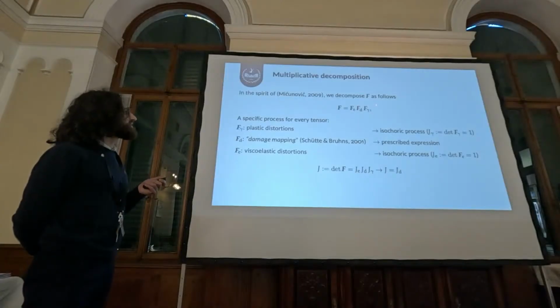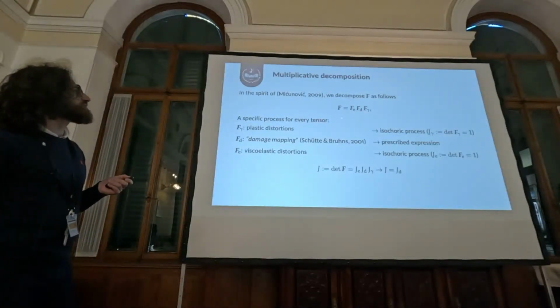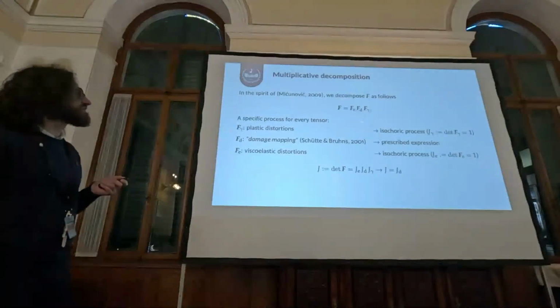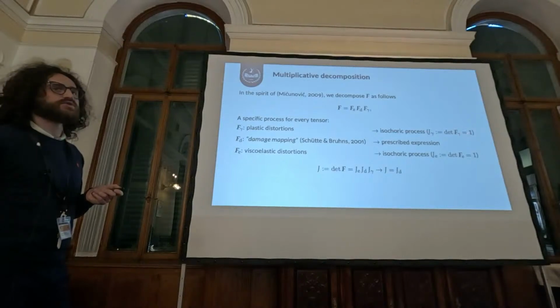As I anticipated before, we decomposed the tensor F in these three tensors, and every process can be associated with one of these tensors. The first one is F gamma, and it is related to the plastic distortions, and we are forcing this process to be isochoric. That means mathematically that the determinant of F gamma is equal to 1.